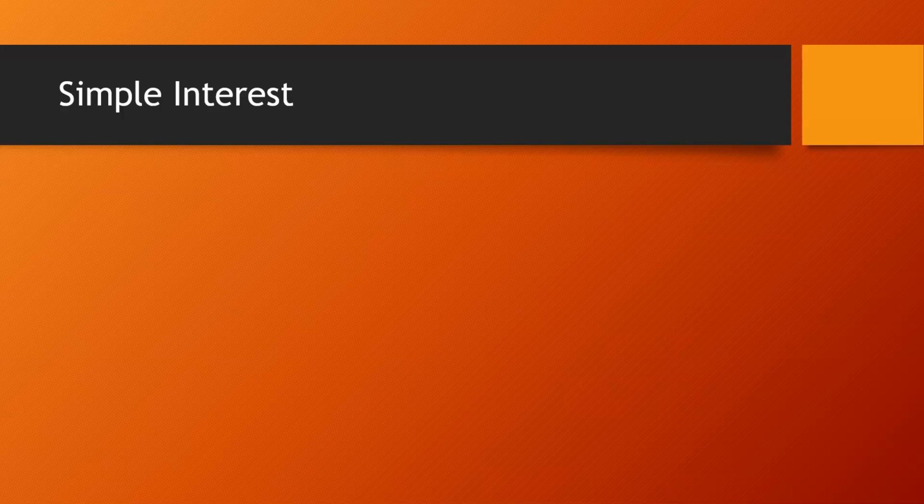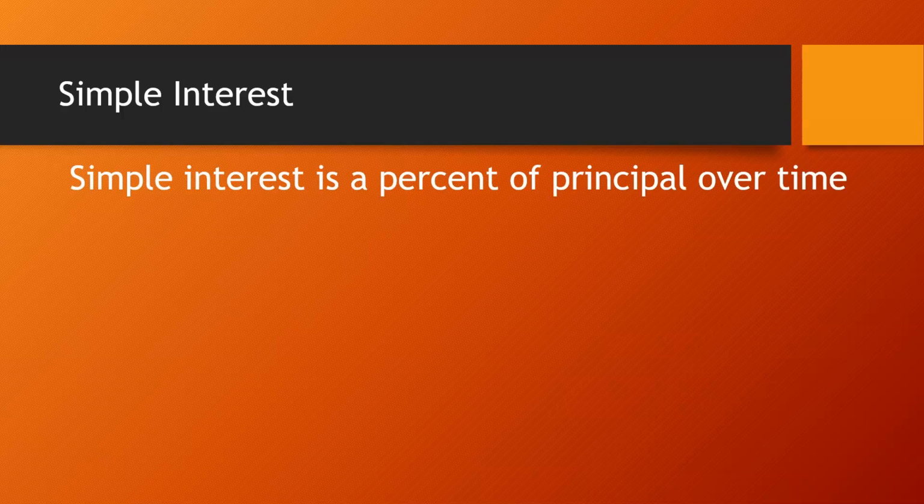Simple interest is also percent of a number, but it's a little more than that, because simple interest is a percent of principal over time, where time is expressed in years. That's where we get this formula from. Interest equals principal times rate times time. Rate has to be written as a decimal, and time has to be expressed in years.